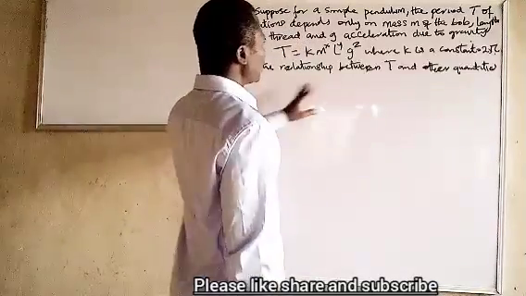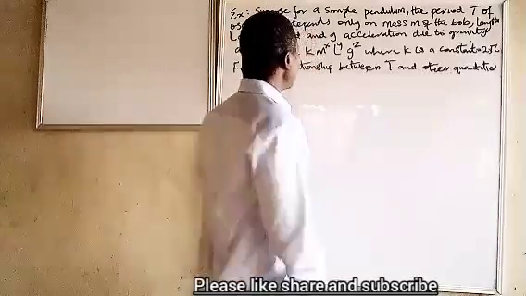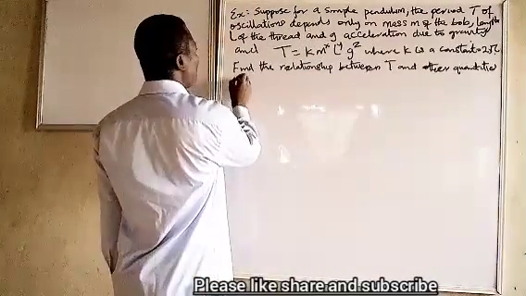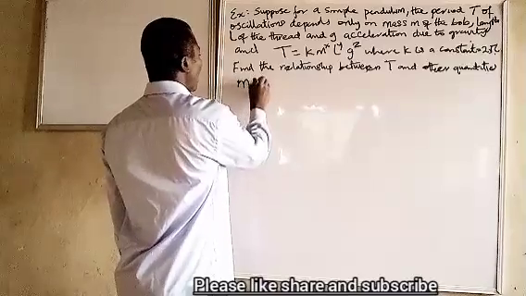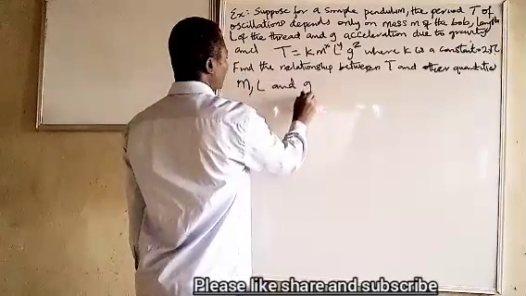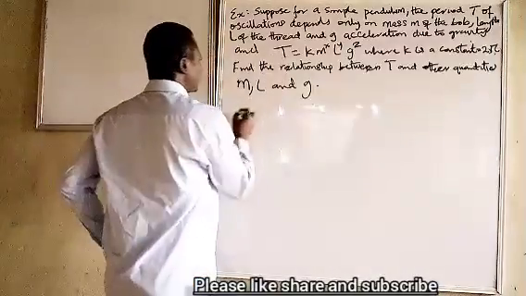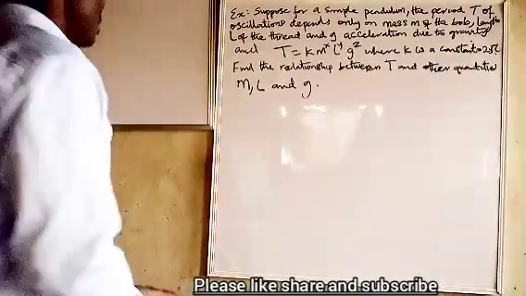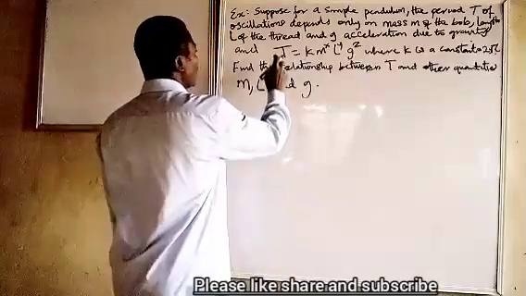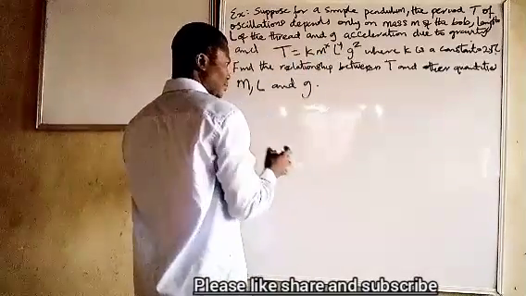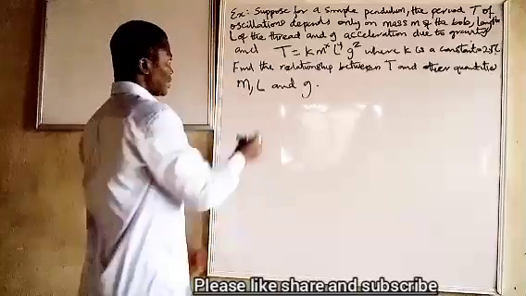Find the relationship between T and the other quantities m, L, and g. Let's see how we go about this. To get this relationship, we look at the dimensions and bring them together.